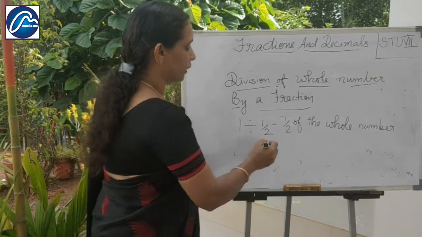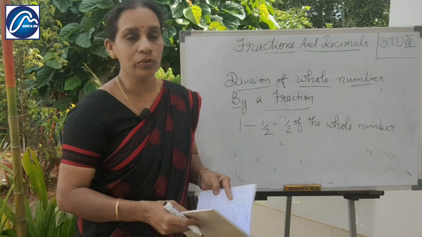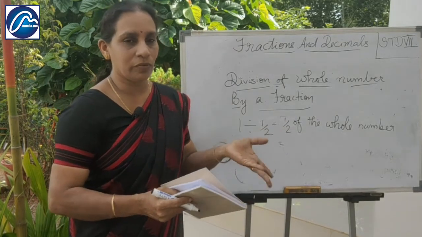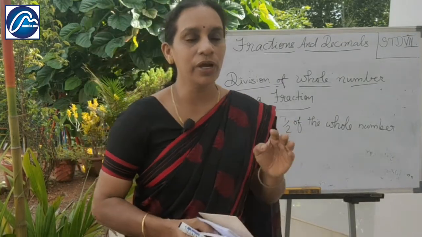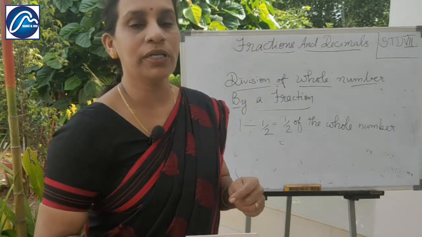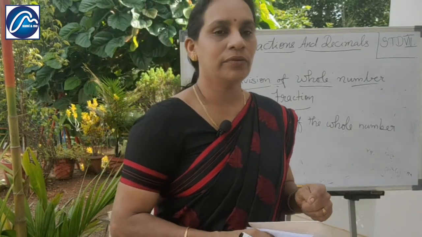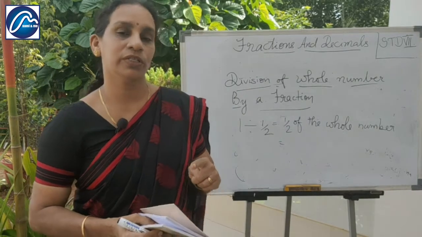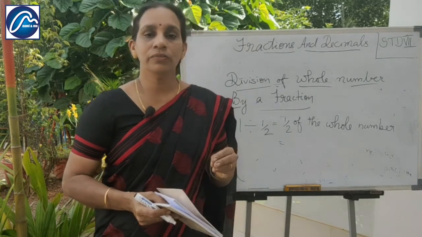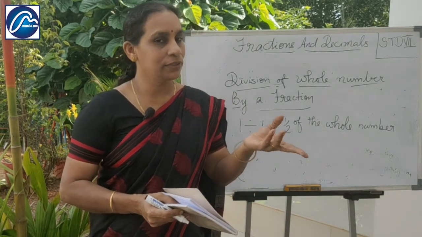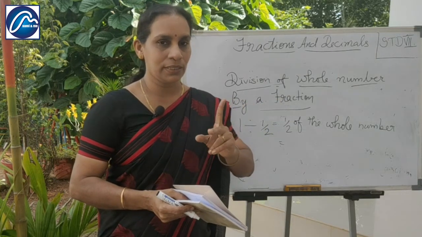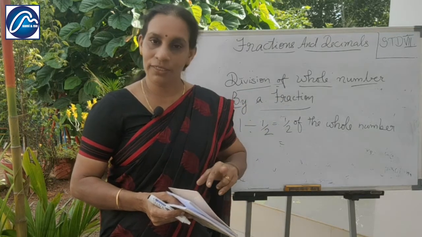What you will do is take the reciprocal. What is a reciprocal? When you have 3 by 4, the reciprocal is 4 by 3. When you have 2 by 5, the reciprocal is 5 by 2. Interchange the numerator and denominator.